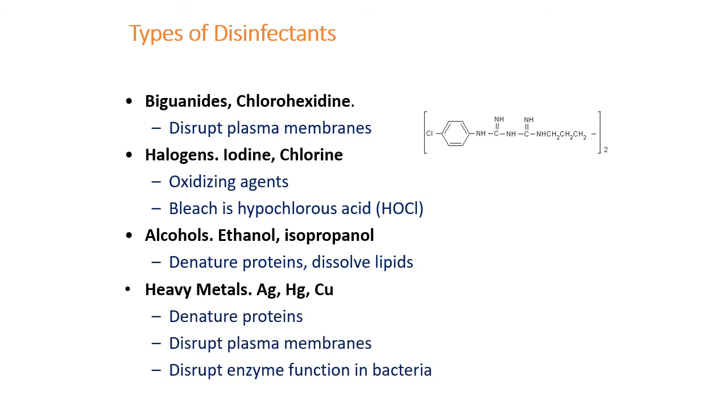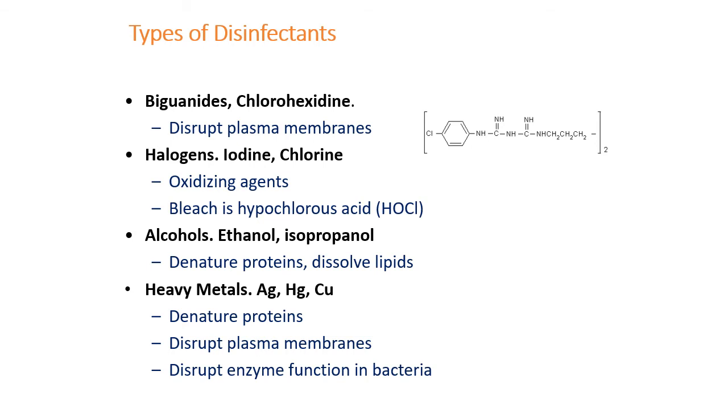Finally, heavy metals, such as silver, mercury, and copper, work by denaturing proteins, possibly binding to specific, in the case of silver, cysteine residues, which contain sulfur, within the cell itself, disrupting its function, possibly rendering bacteria less amenable to coping with normal oxidative stress.